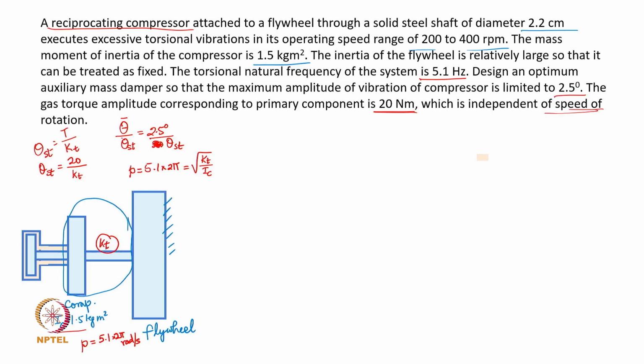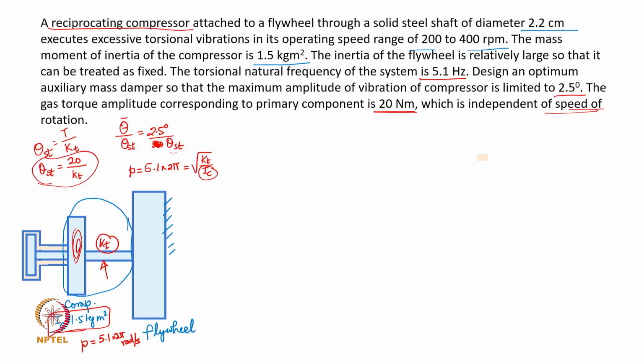In this case, in a torsional vibratory system, it is the torsional stiffness of the shaft divided by the inertia of the disc, here the compressor. So I know Ic value, it is given. If I substitute, I will get the value of kt. If I use this kt in this expression, I know what theta st is, right?